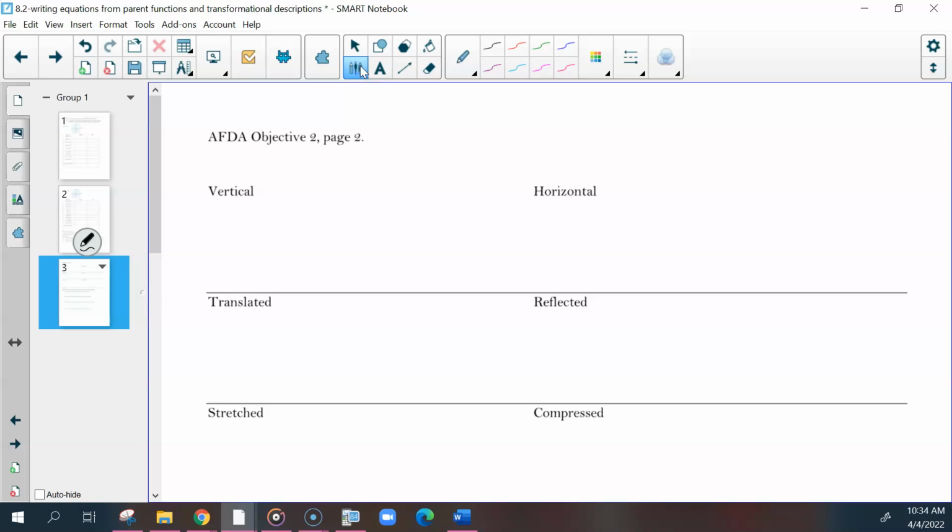Before we do any of that, I do want you to write this somewhere at the top. These two equations. So f of x equals a times x minus h in parentheses squared plus k. And f of x equals a times the absolute value of x minus h plus k.